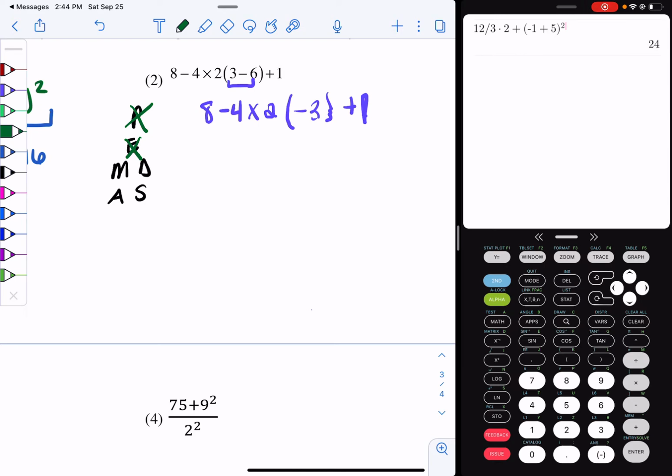Ooh, but if you look, I have the 2 and my parenthesis -3 that I forgot to look at. 2 parenthesis -3 simply just means I'm doing 2 times -3. 2 times -3 is -6. So I'm doing 8 minus 4 times -6 plus 1.